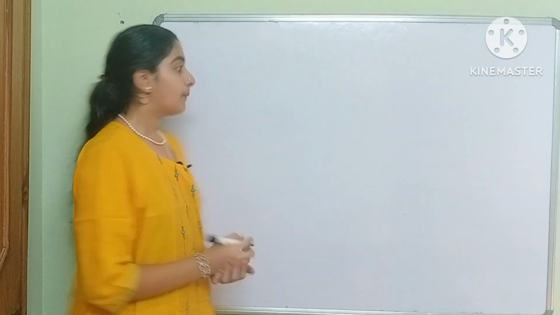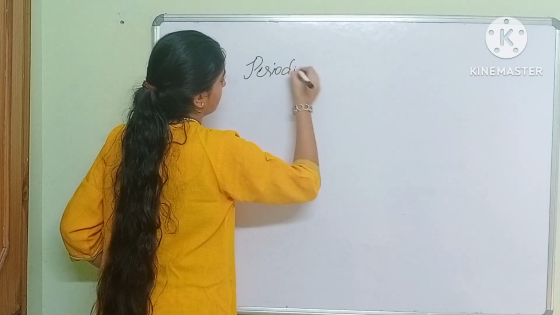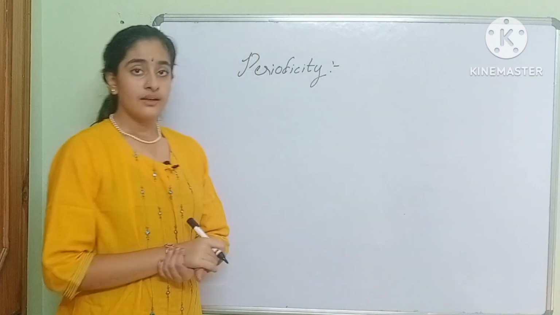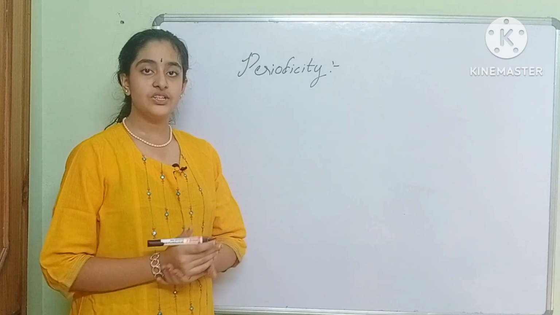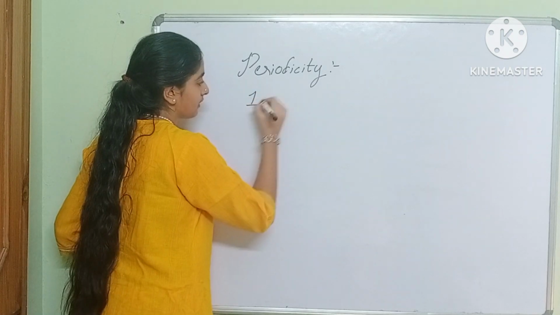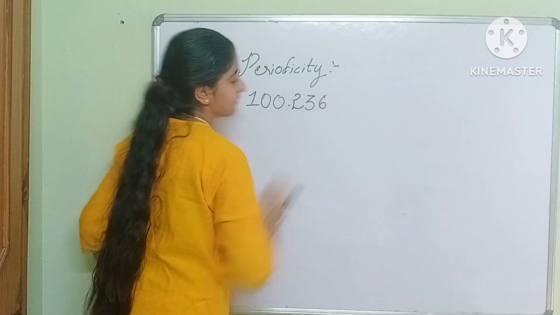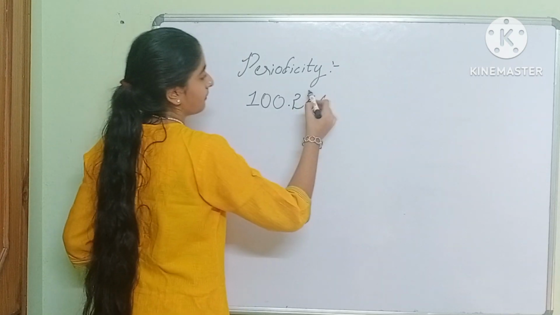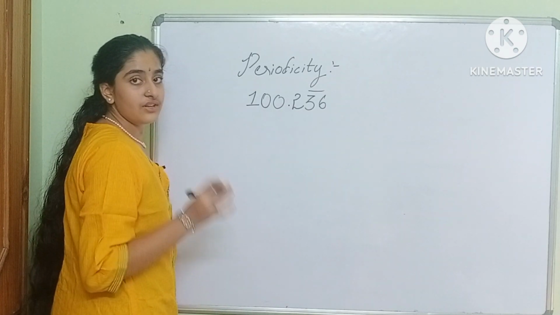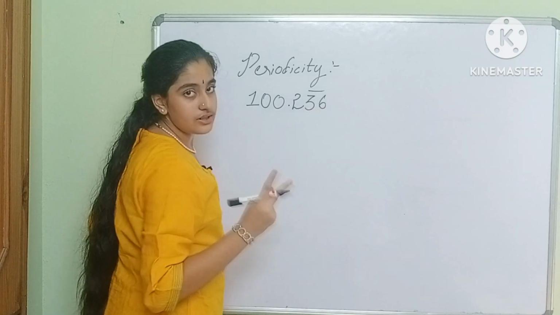Our next topic is periodicity. Periodicity means the number of digits in the recurring part. For example, 100.236 with 36 bar. Here 36 is in the recurring part, and 36 is 2 digits.